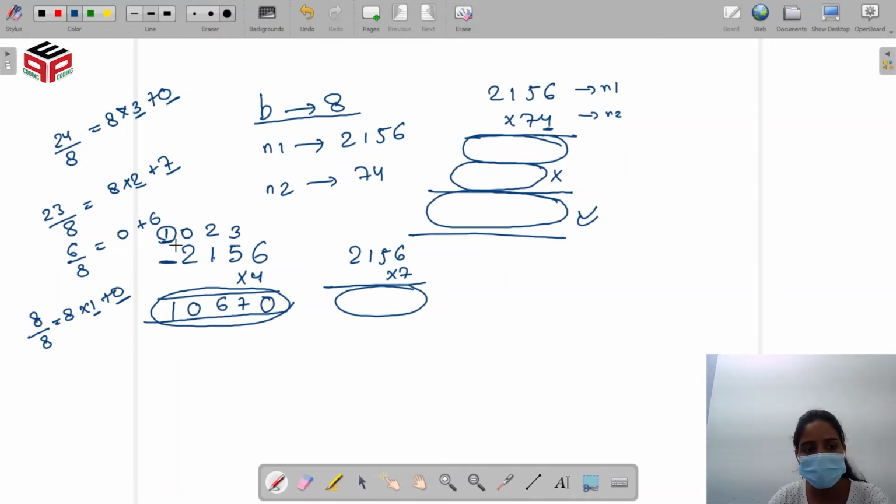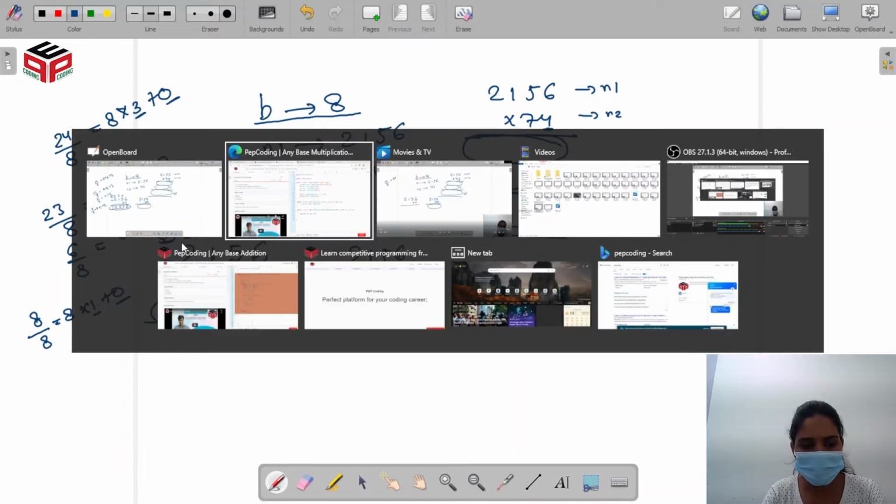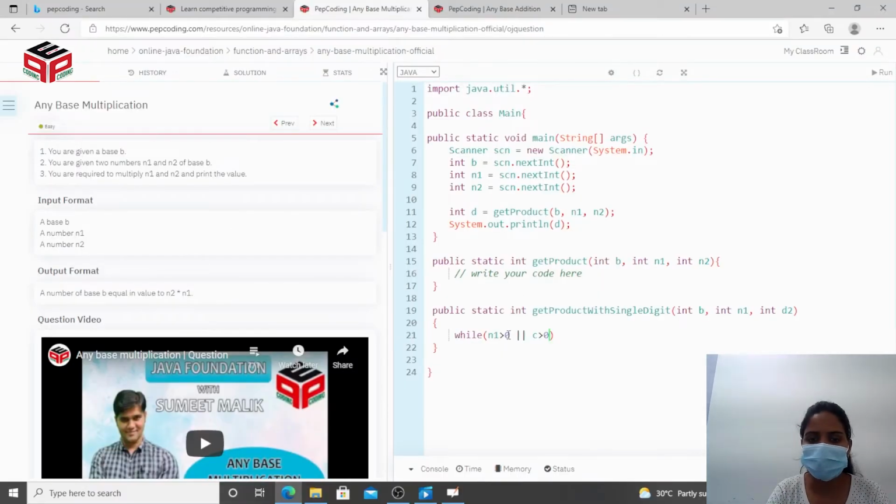So if carry is greater than 0 or n1 is greater than 0, I have to do some work. Initially I have to extract a digit d1 from n1, n1 modulo 10, and reduce n1: n1 equals n1 divided by 10.